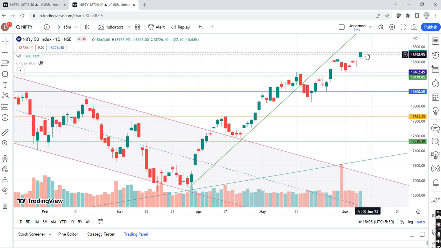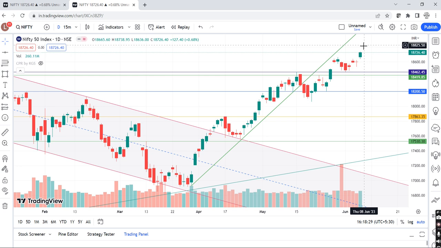As long as this is not broken, this scenario will be maintained, right? So a dip will be a buying opportunity. A flat opening, if it starts coming down and gets closer to 18,600 or 18,580, and from there a positive price action is made, we are interested in going long.